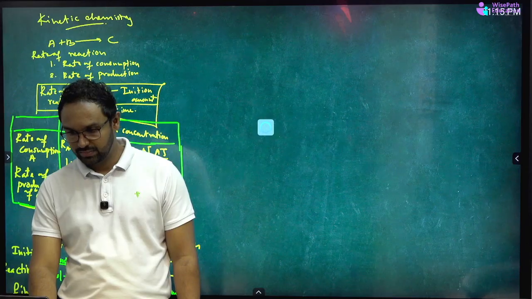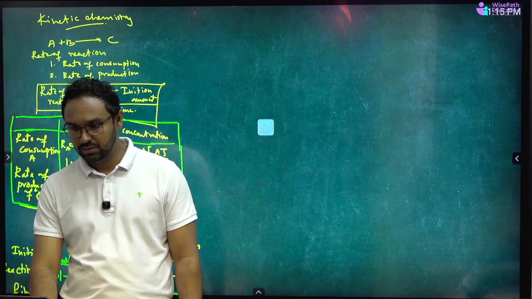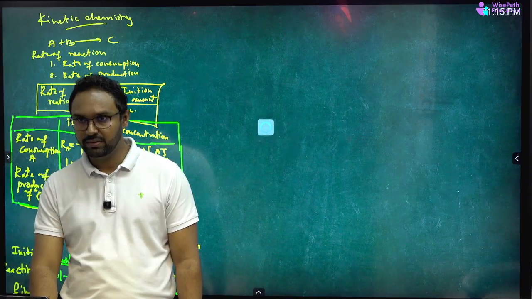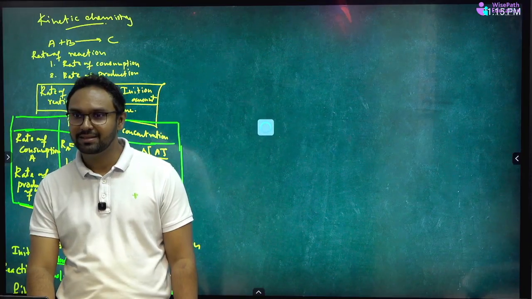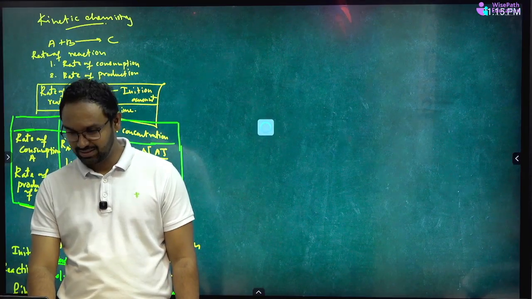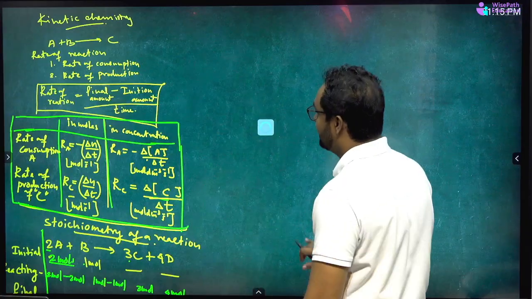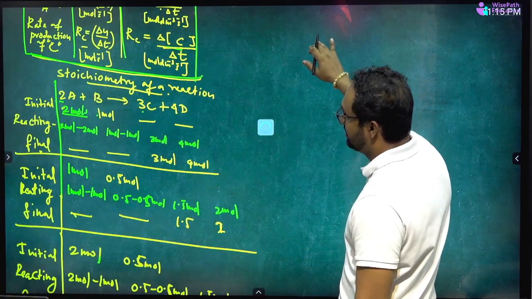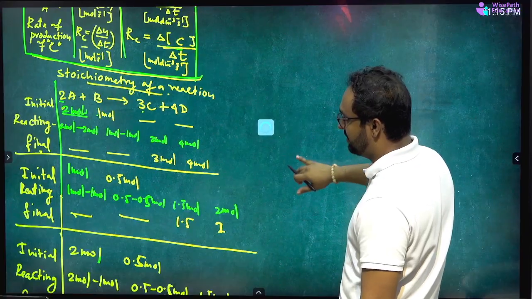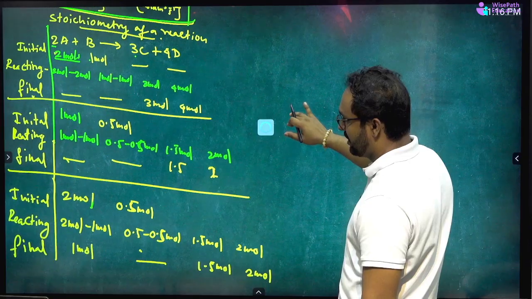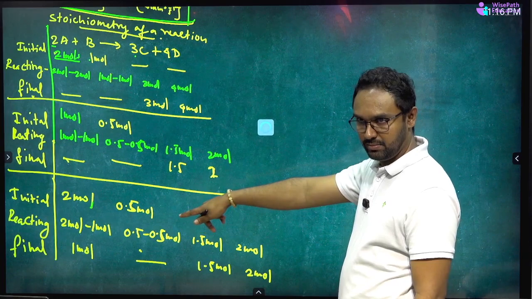So that's about it. Right. So depending on that, we have to calculate the rates of reaction. Okay. Right. So if we take the rate of reaction of, let's say, the final one, I'm taking the final one.